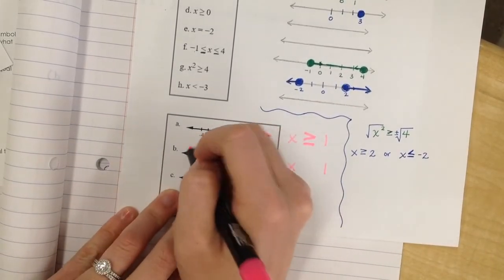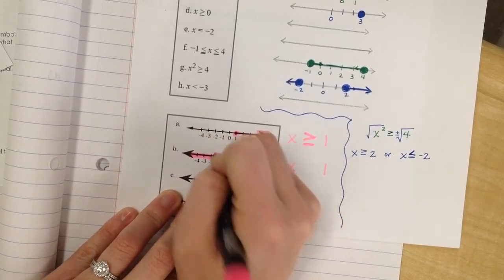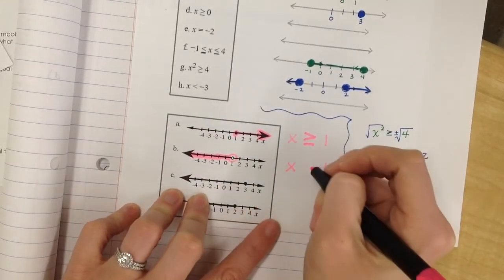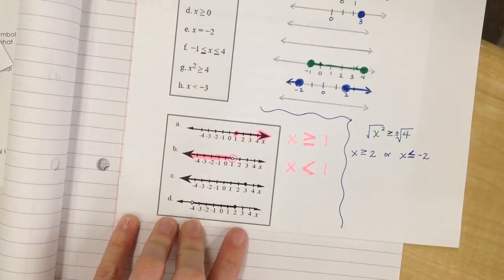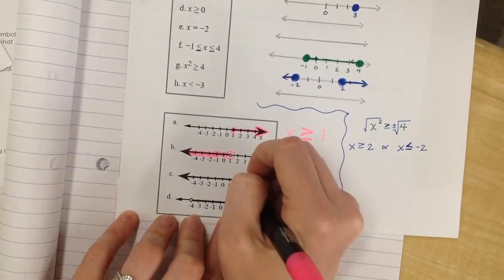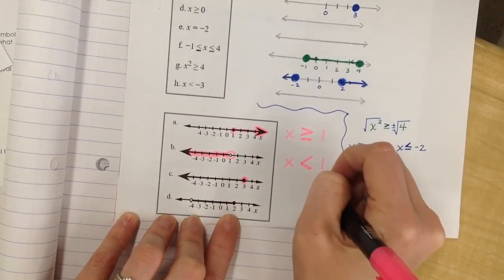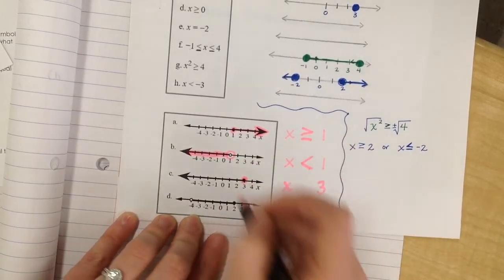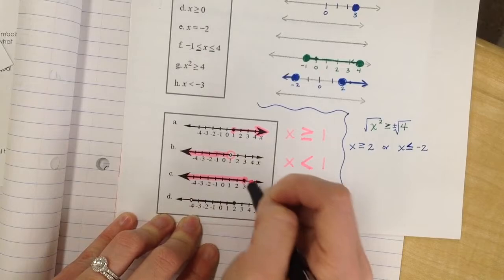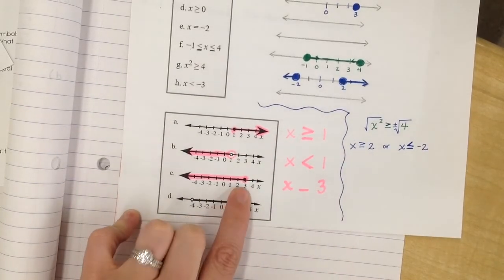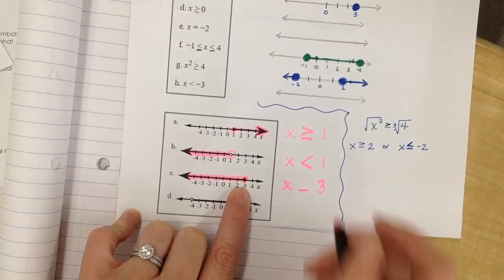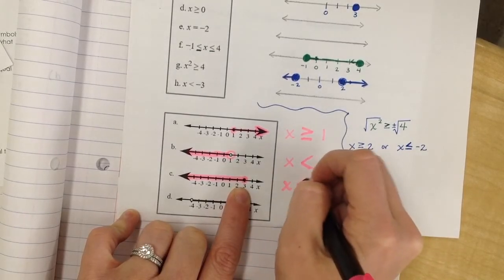It is also traveling downward, which means x is not greater than, but rather x is less than the positive 1. Next up, we have a closed dot at the positive 3, traveling in a downward trajectory, which means that we have the half of the equal sign involved, because it's a closed, filled-in dot, and it's less than because it's traveling downward.